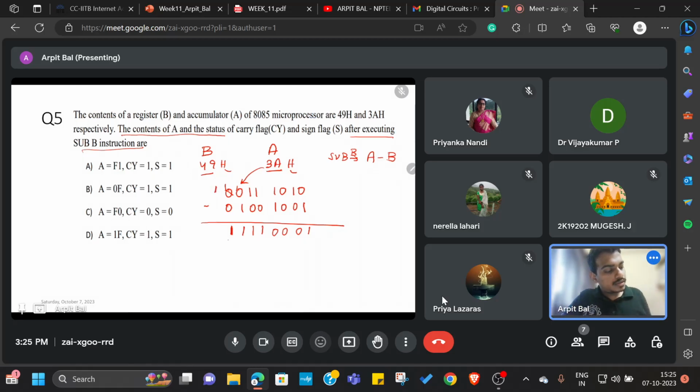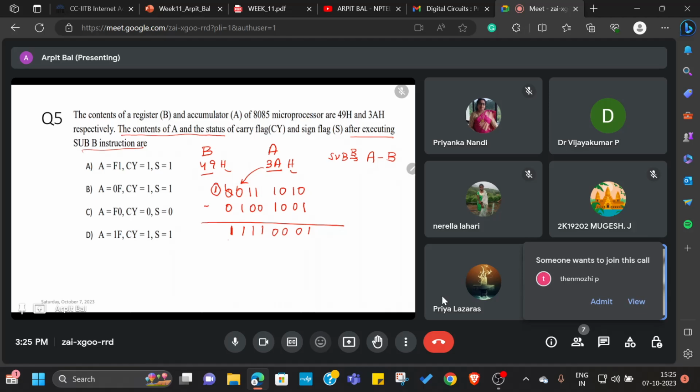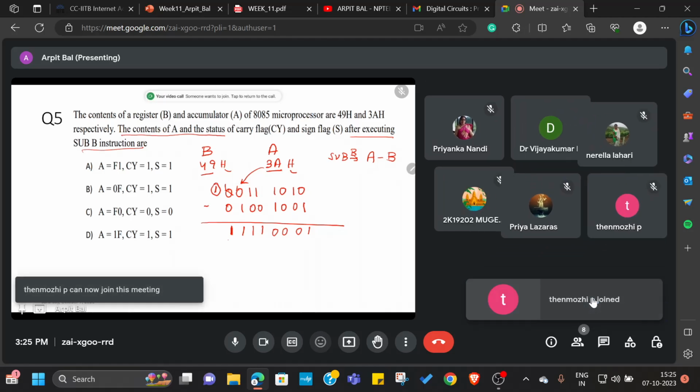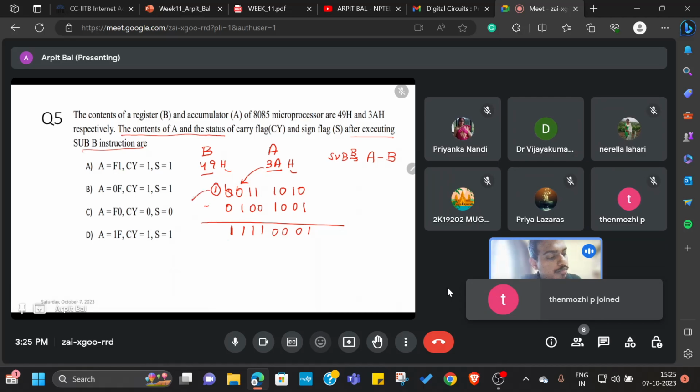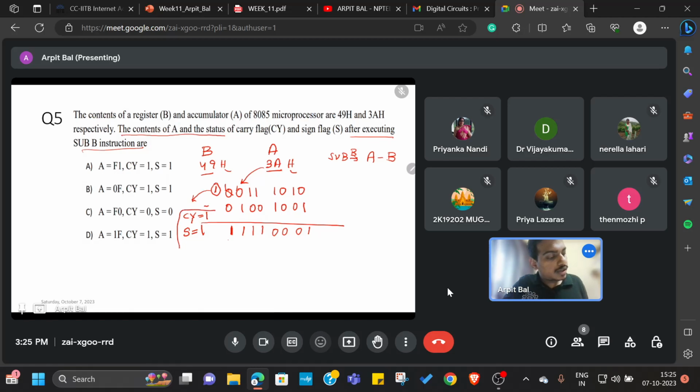Because there is a carry out, and along with that the result is actually a negative number, this carry that is going out sets the carry flag equal to 1. Because the result is a negative number, the sign flag is equal to 1. And what is the content?